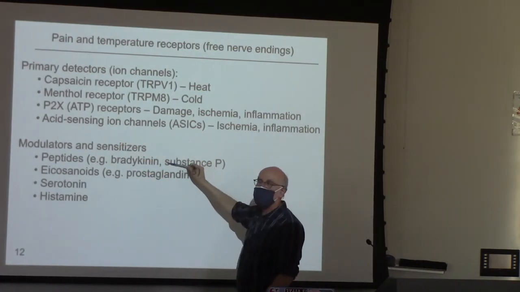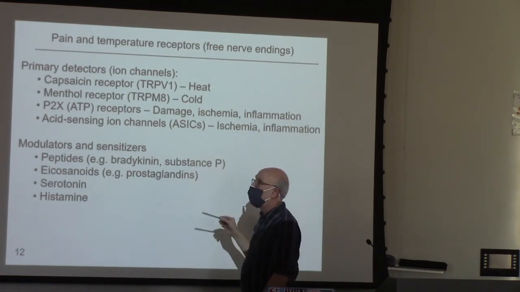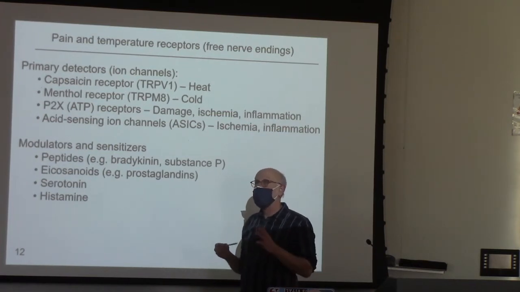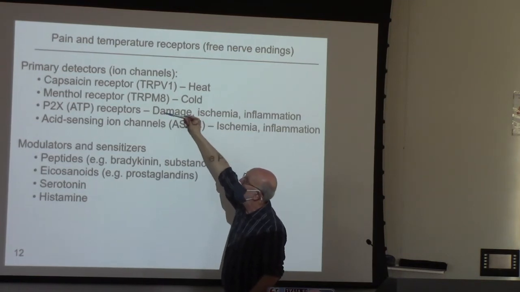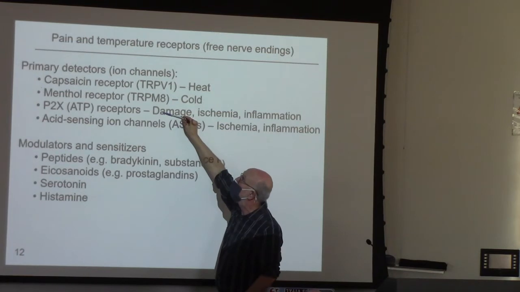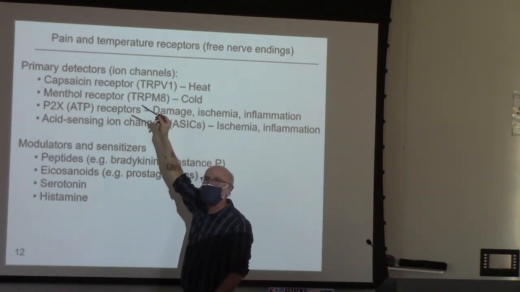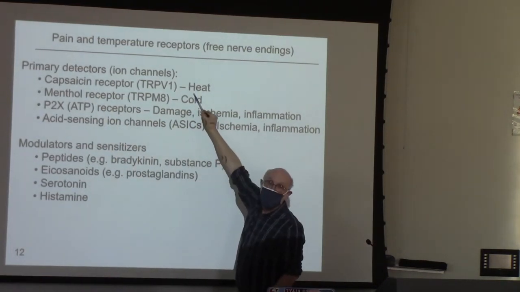And we're releasing some neuromodulators. And so the things that are detecting pain are really detecting chemicals. They're detecting acid. They're detecting ATP released from the damaged cells. And they are detecting either a chemical or a temperature.